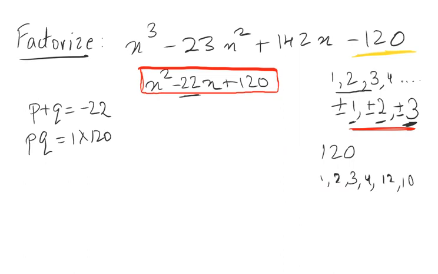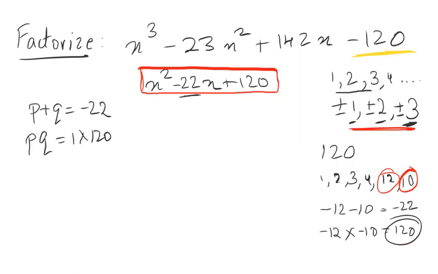Before that you also have 10. Yes, you see this? 12 and 10. So we can use this p and q, but since it's minus, we need to take minus 12 plus minus 10 is minus 22. And minus 12 multiplied by minus 10 is 120. Is it satisfying? Yes or no? See, it's satisfying.